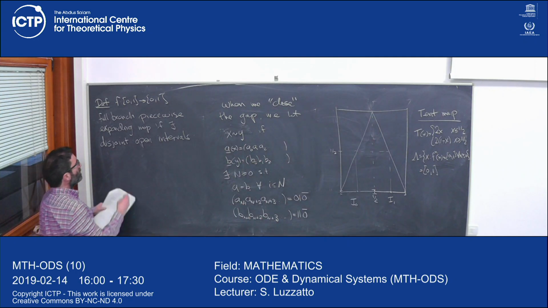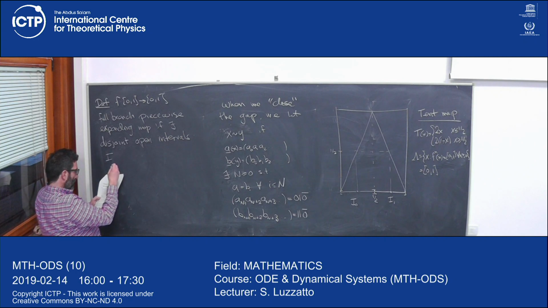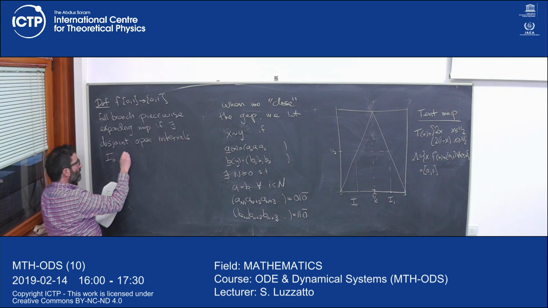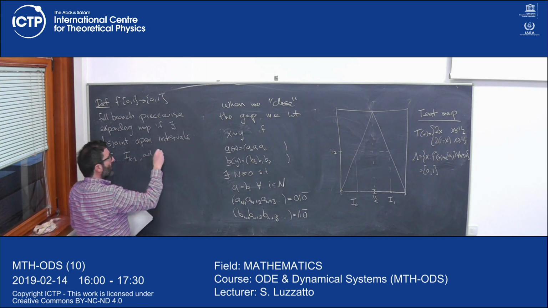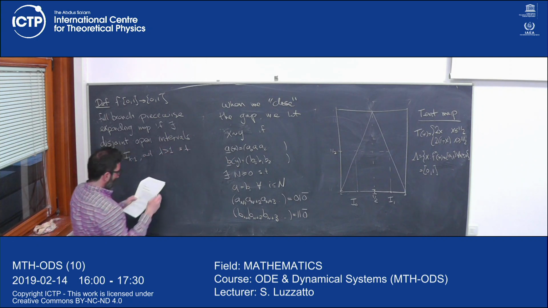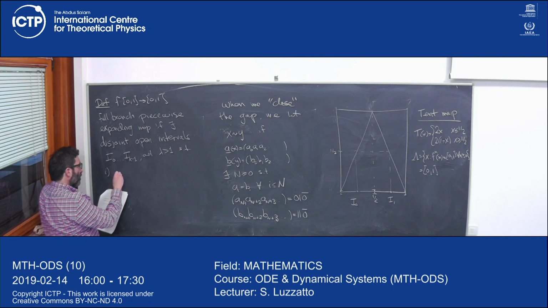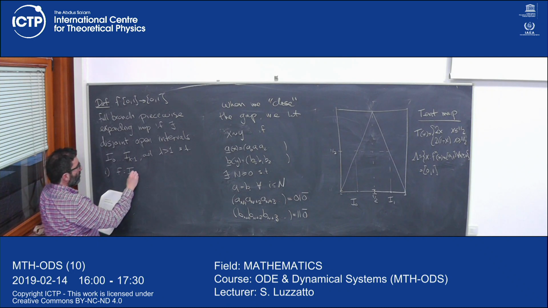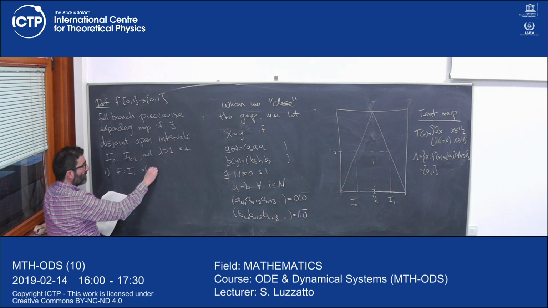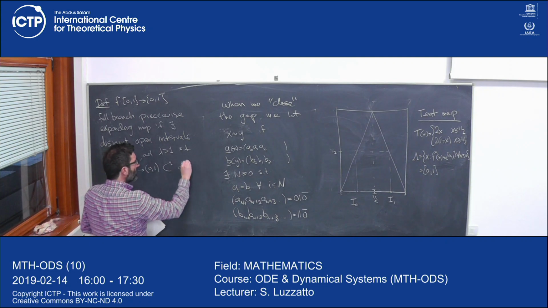So I say that there are open intervals I0 to I k minus 1, and lambda greater than 1, such that for each I, F from I to the open interval 0, 1 is a C1 diffeomorphism.